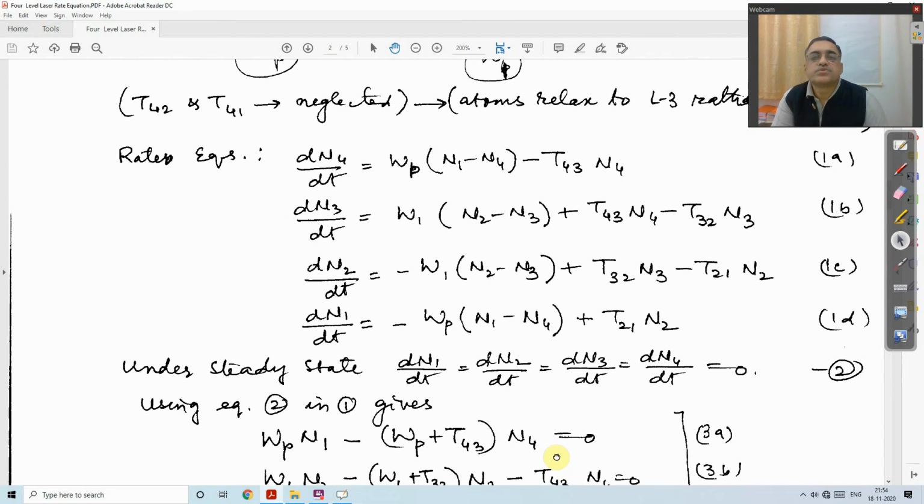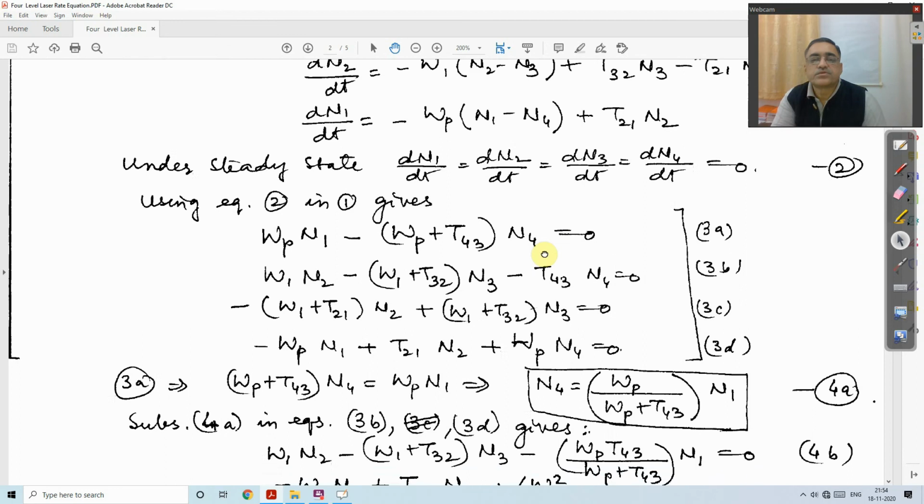Putting each of the equations equal to 0, we have these 4 equations in 4 variables.